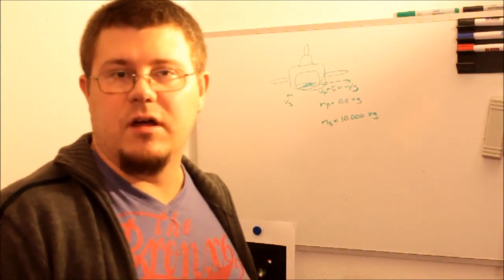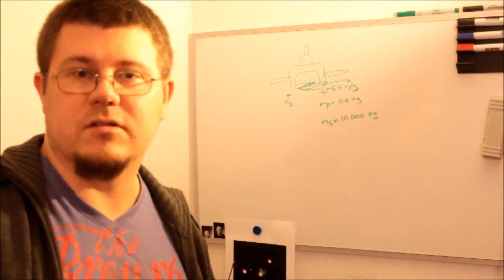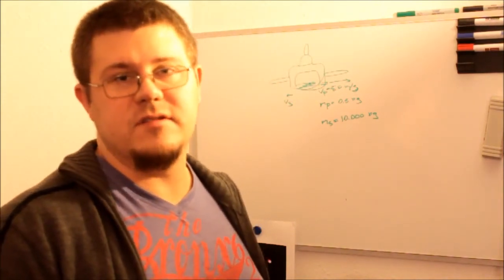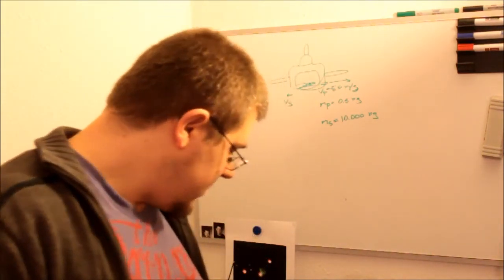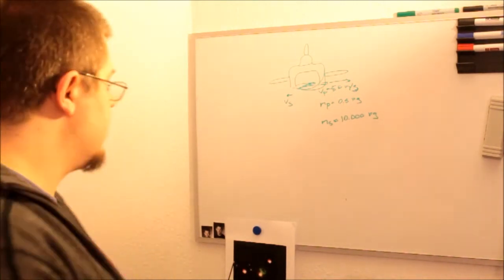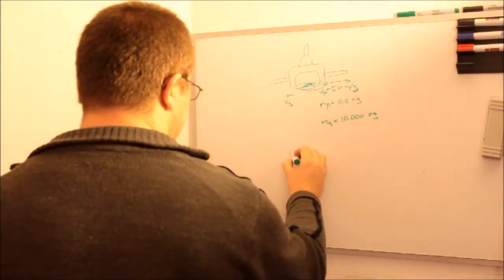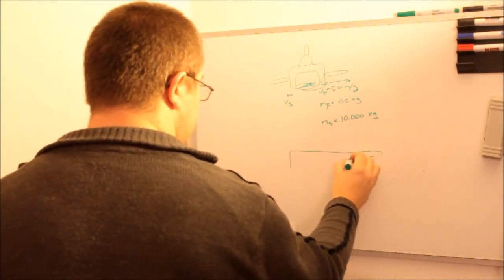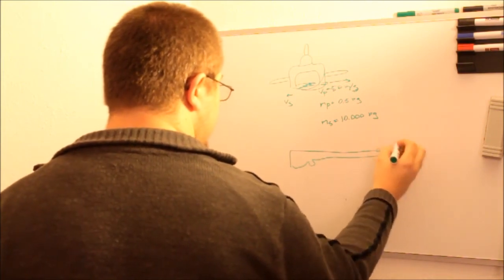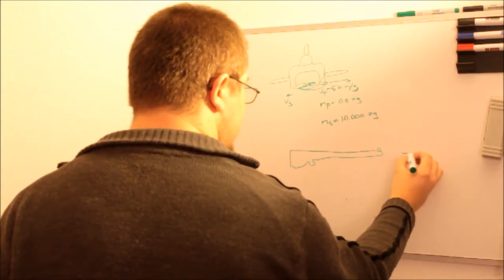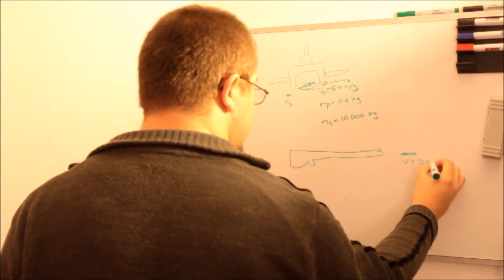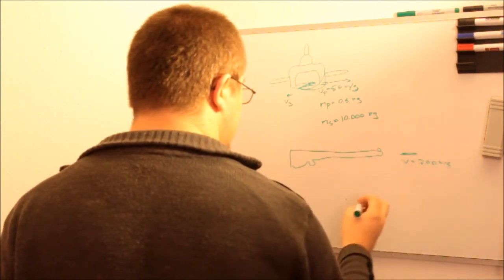In any physics textbooks, especially on a university or college level, you will find many calculated examples of this. You can have, as I have here, a rifle and a bullet, where you have a rifle, not a very pretty one, that fires a bullet away. The bullet has a speed of, let's say, 300 meters per second.